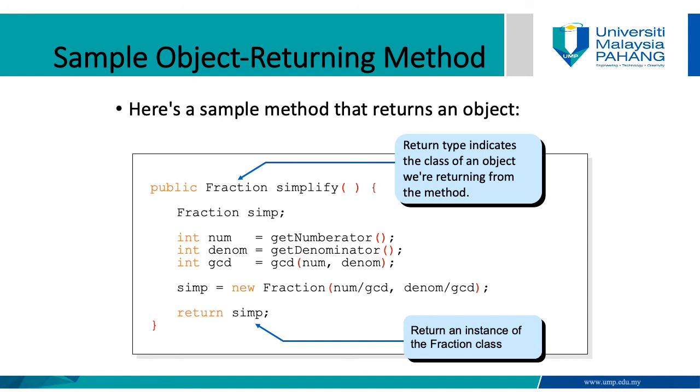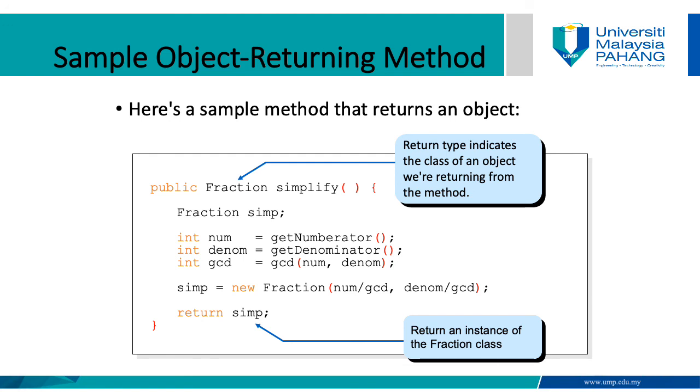Whatever information we have in this class will be returned through simp. As you see in the code here, return simp. So it will return an instance of the Fraction class.